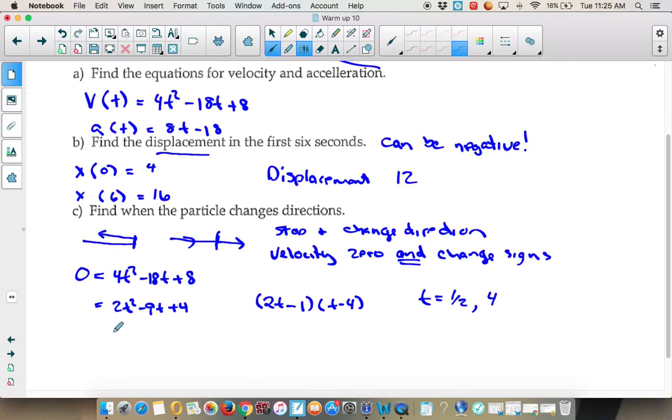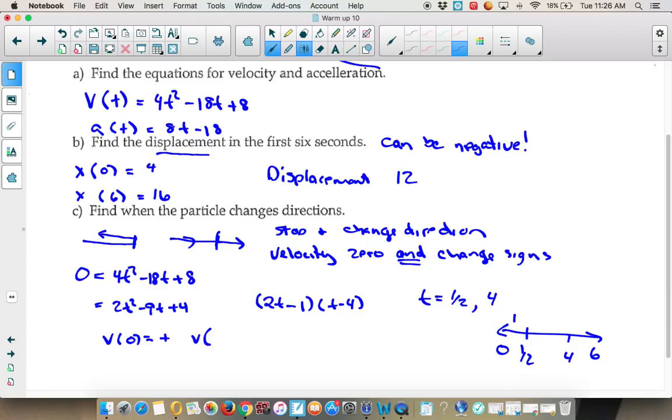So I'm going to check my velocity. My velocity at 0 is positive. Okay, so I have 0 to 6, and then I have critical values at 1/2 and at 4. So I need to check on these intervals.